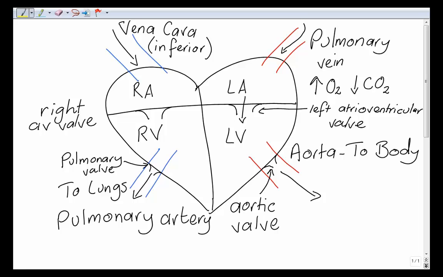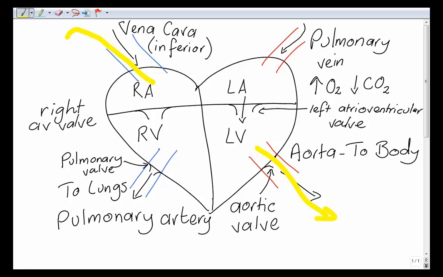So if we start at the body, the blood will go to the body through the aorta, and the body will use up all the nutrients that was in that blood and then drop off the wastes. That dirty blood will then enter the heart at the right side into the right atrium.